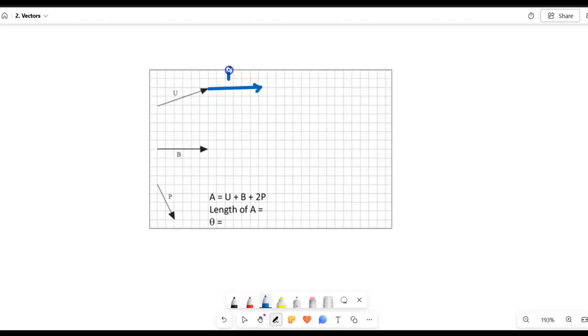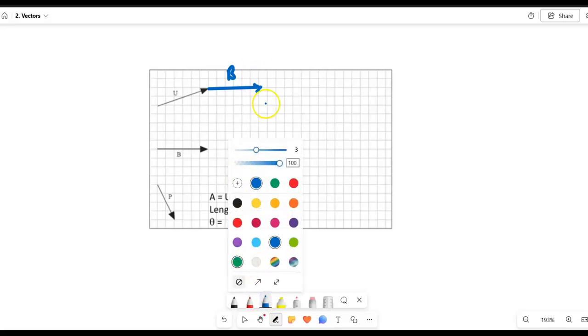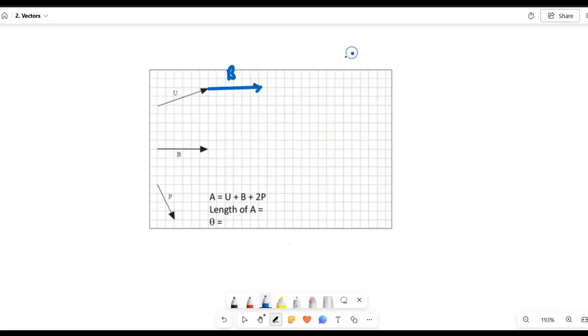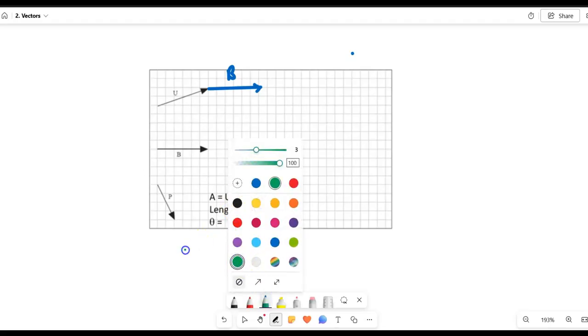1, 2, 3, 4, 5, 6. So this is B. We don't have to reverse any vectors or any of that stuff. And then we're going to add two of the P vectors to this. P is pointing down by 3 and over 2. So, oops, this should not be blue. We're going to use green.